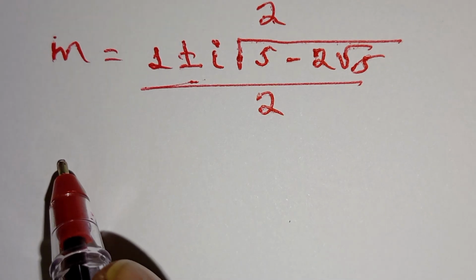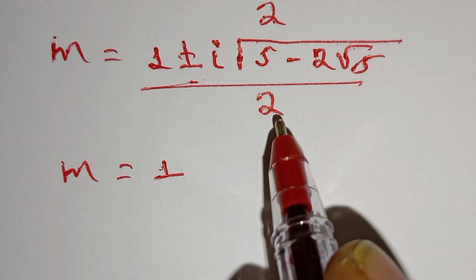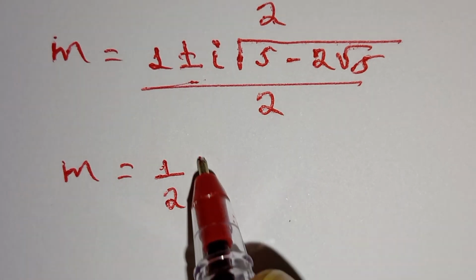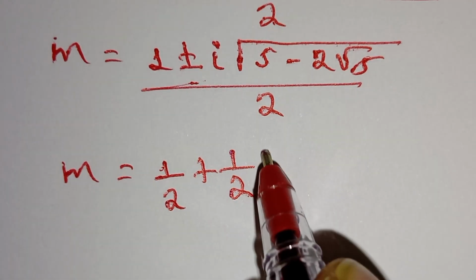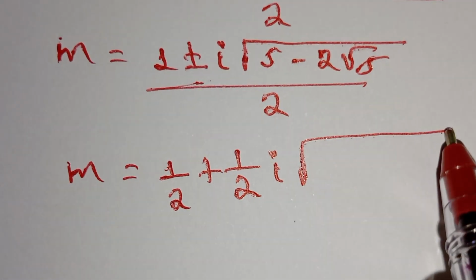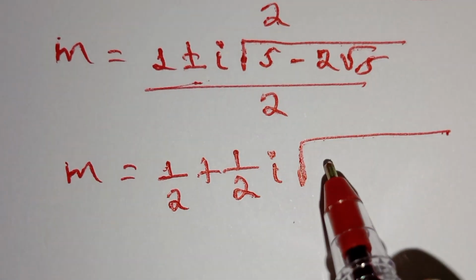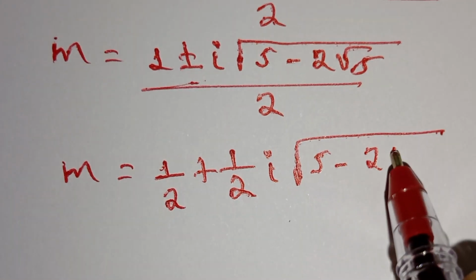This becomes m equal to 1 over 2 plus 1 over 2 i times the radical of 5 minus 2 radical 5.